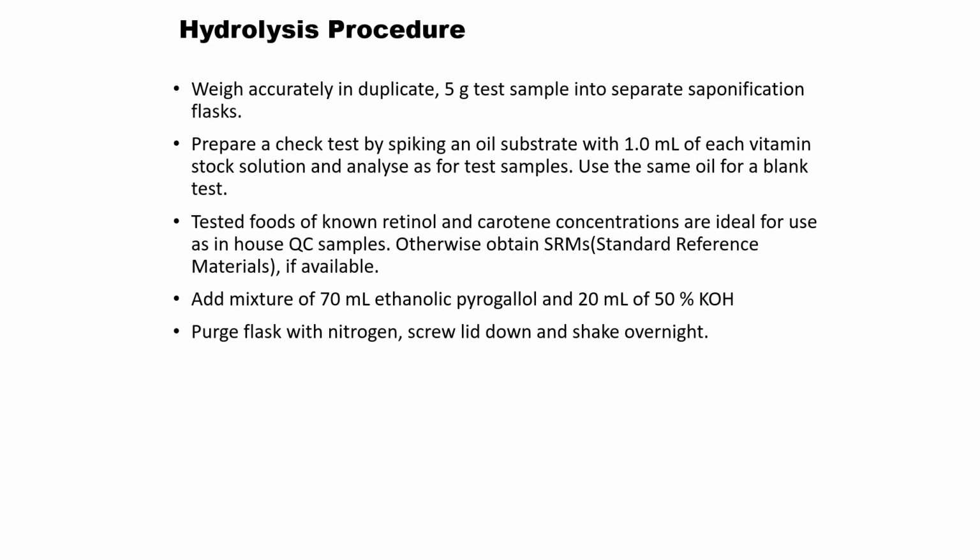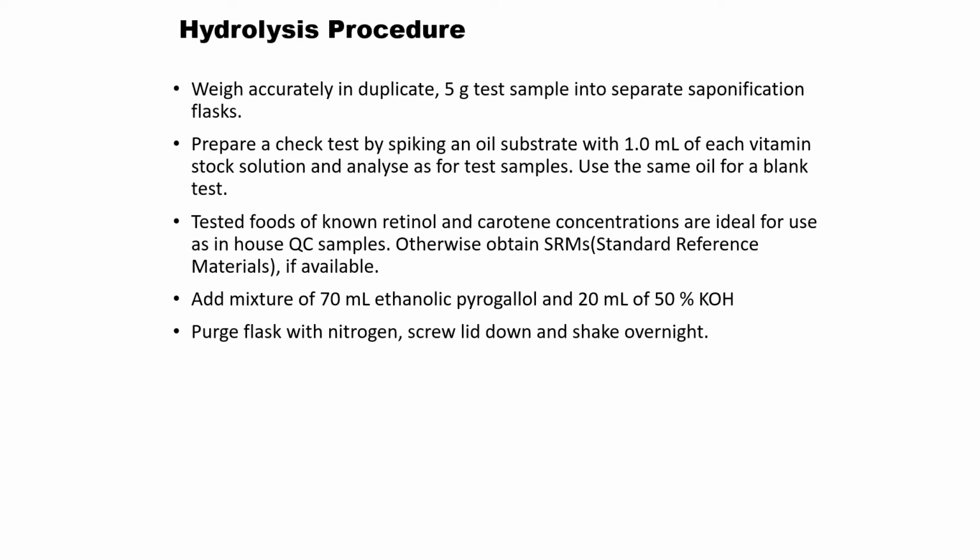So it's one of the quality control methods, and we have to test food of known retinol and carotene concentration, which is ideal for use as in-house QC samples. Otherwise we have to get standard reference material if available, but it is very difficult to get.